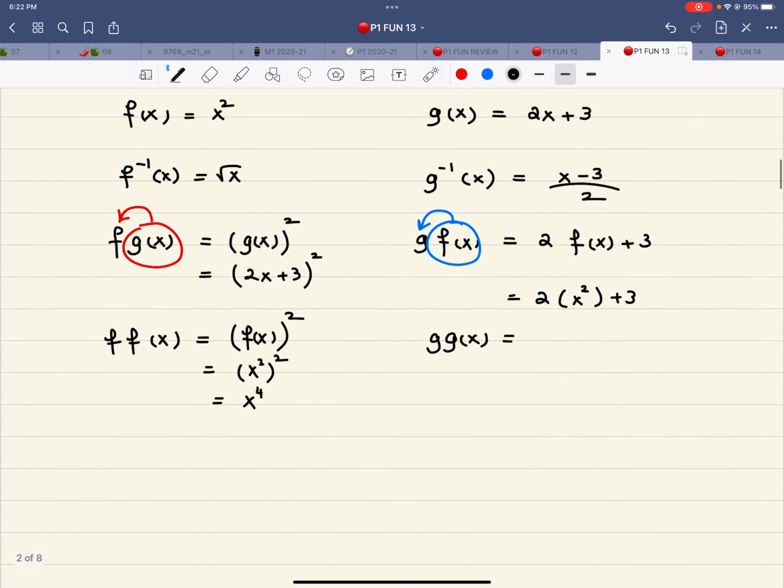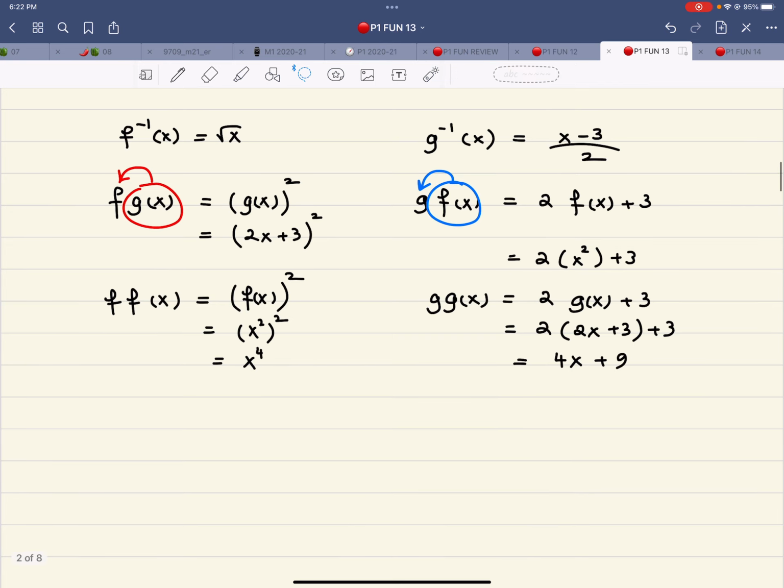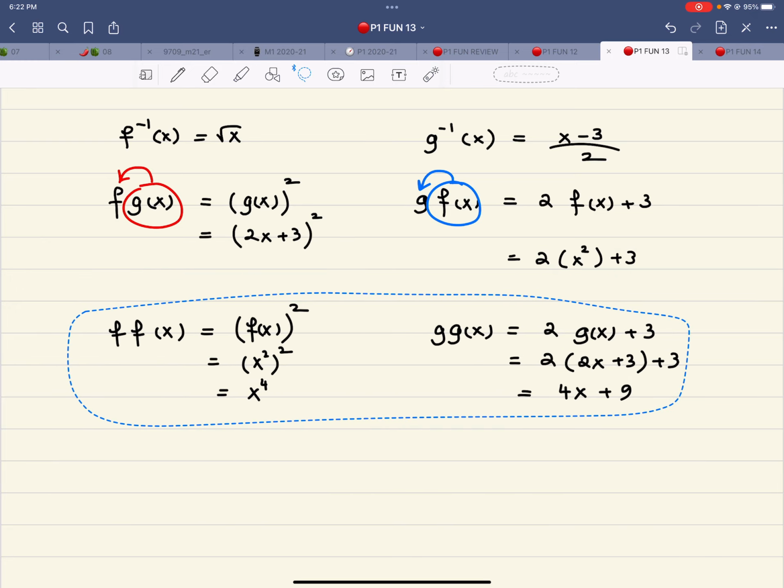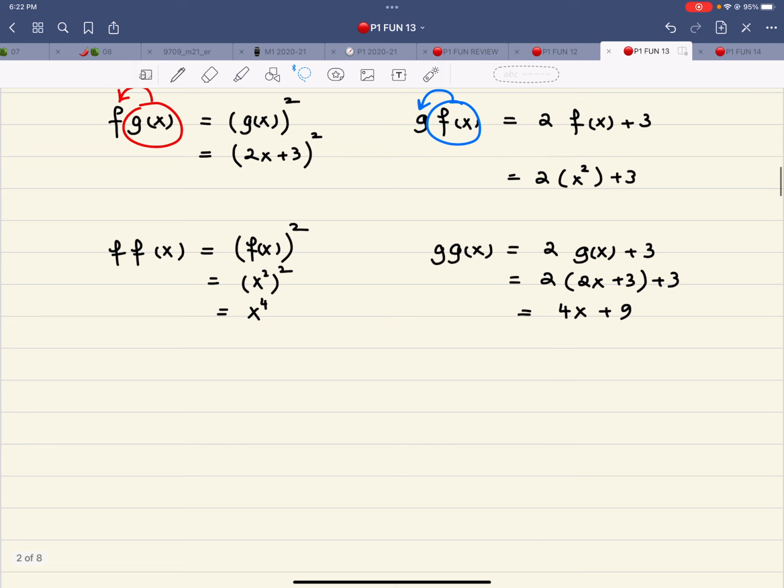Similarly, g of g(x) would be 2 times g(x) plus 3. That would be 2 times (2x plus 3) plus 3. That would be 4x plus 6 plus 3, which is 4x plus 9. Let me shift this a bit down. Okay, what else can be formed?